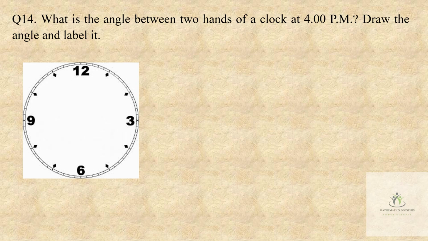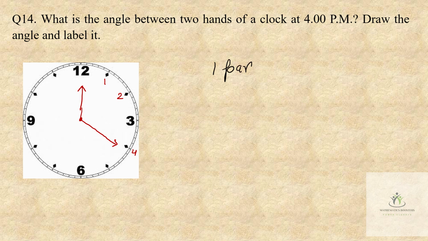Next, what is the angle between two hands of a clock? First, draw. This is 12, 1, 2. This is 4. So what is the angle forming? They want the measure.